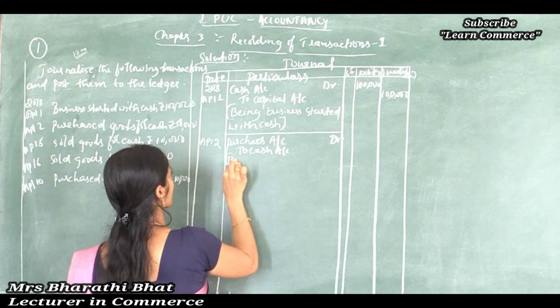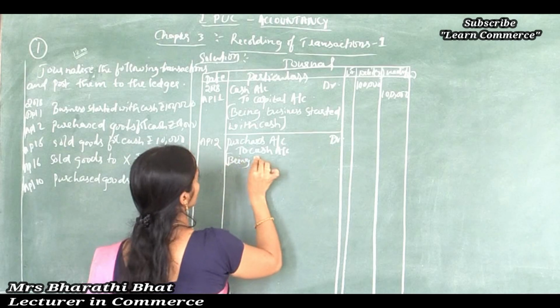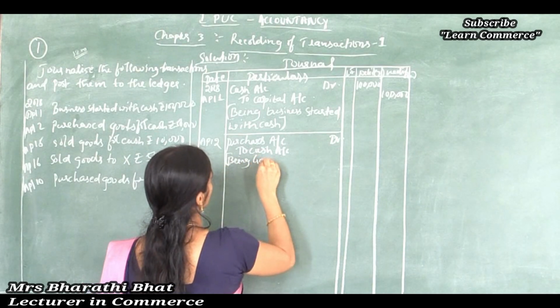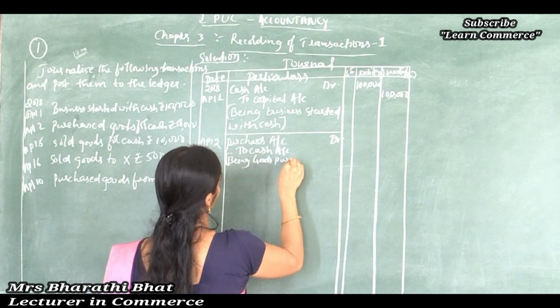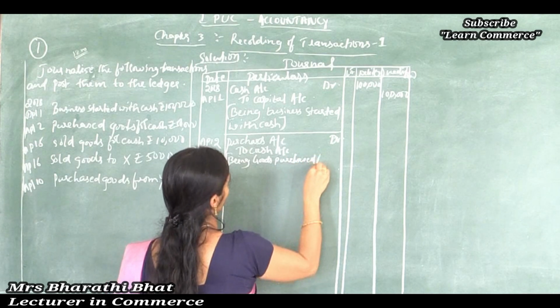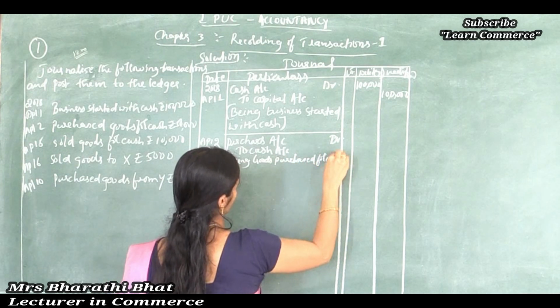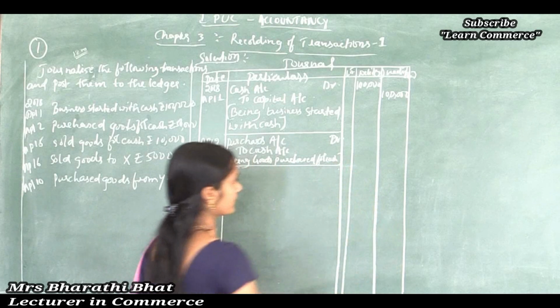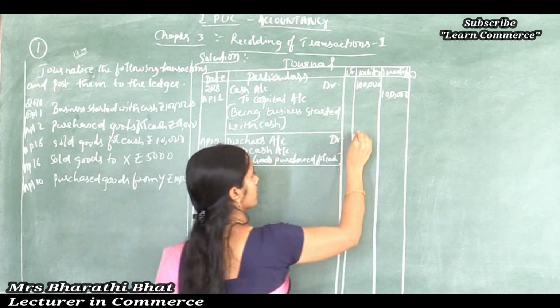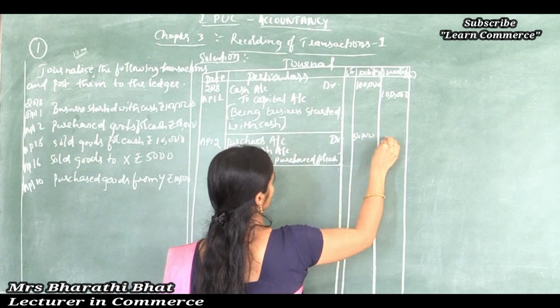Narration: being goods purchased for cash, right? Amount 50,000.